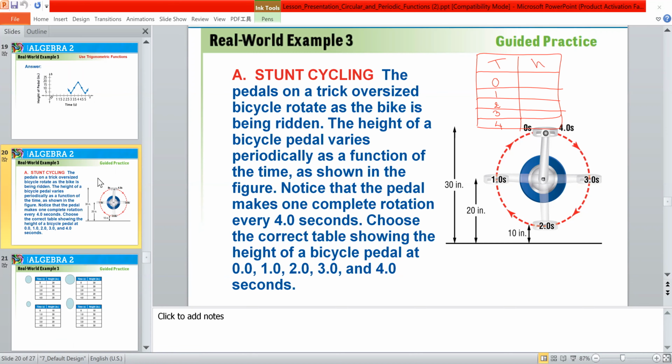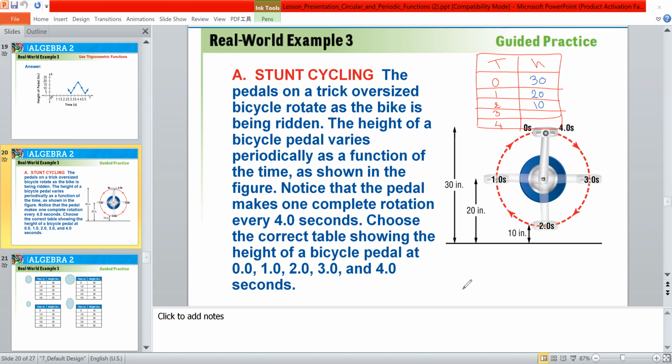The height at 0, Khalid? 30 inches. The height at 0 will be 30. Okay, top. The height at 1? 20. The height after 2 seconds is 10.